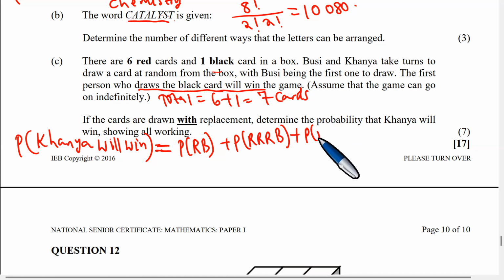Remember that there is Boosie and Kanye. So Kanye will win if he picks red, then black, or he picks red, red, red, then black.